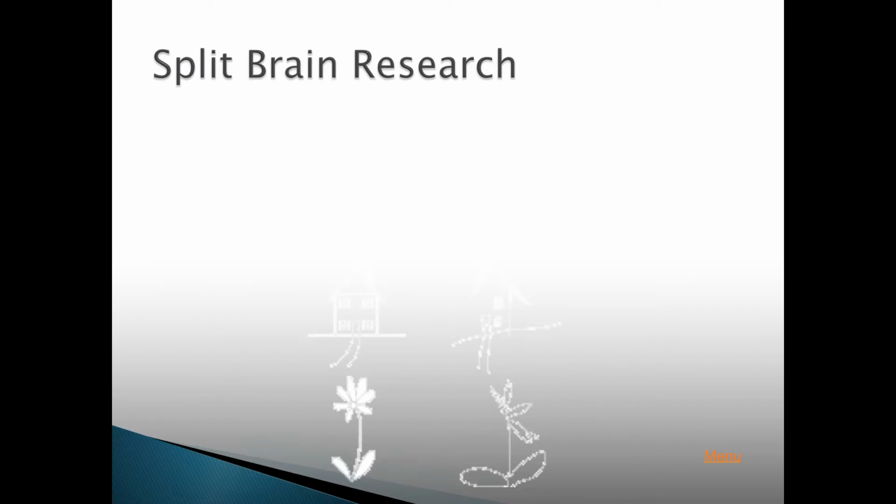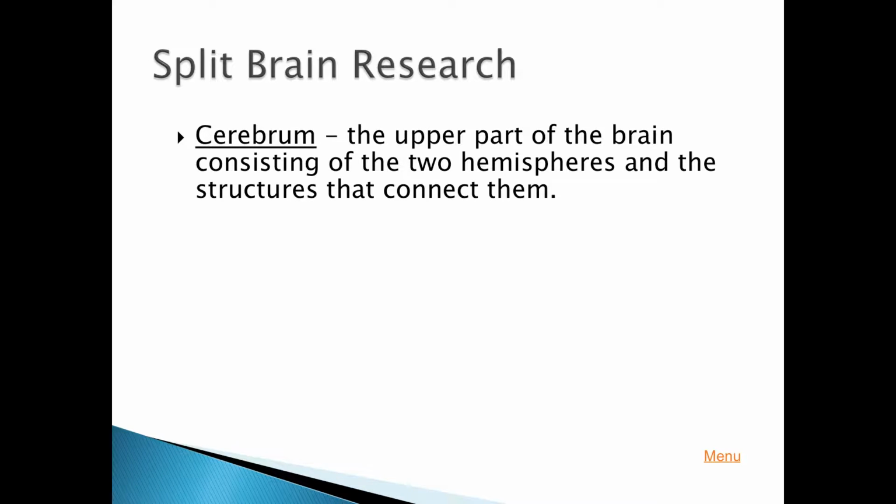All right, so split brain patients. You'll see this incredible work being done with split brain patients, where they are literally severing the corpus callosum, so the two hemispheres are no longer able to communicate with one another. Essentially, people have two independent brains. What's happening in the right hemisphere is not crossing over into the left hemisphere.